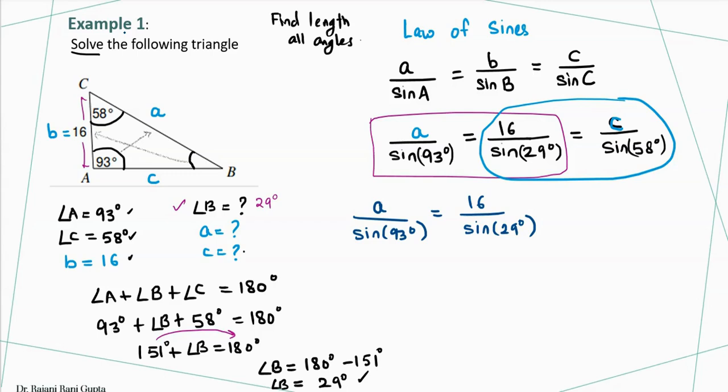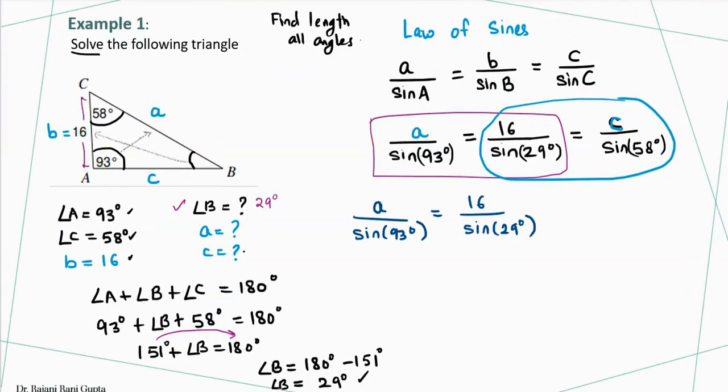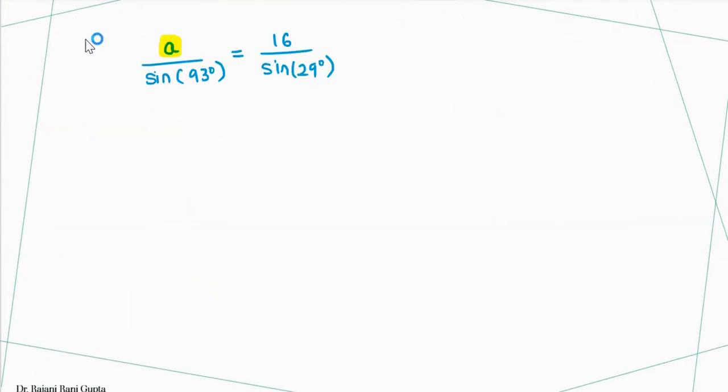So you want a. To find a, you don't need sine of 93 degrees here.